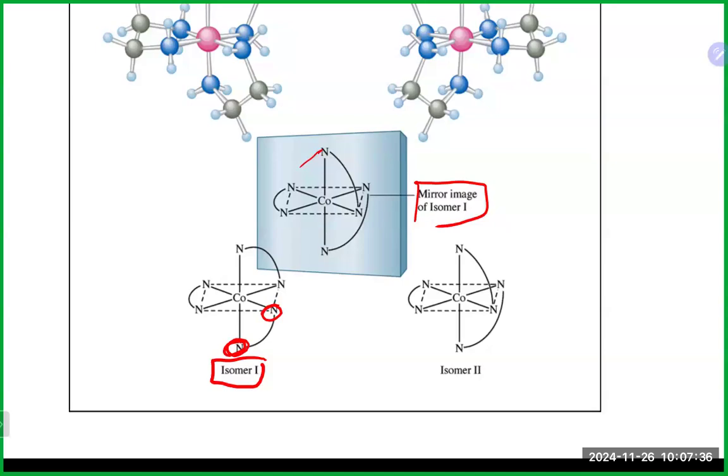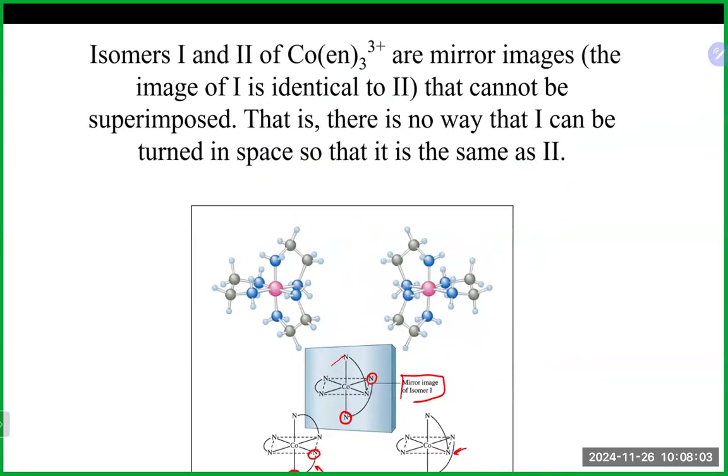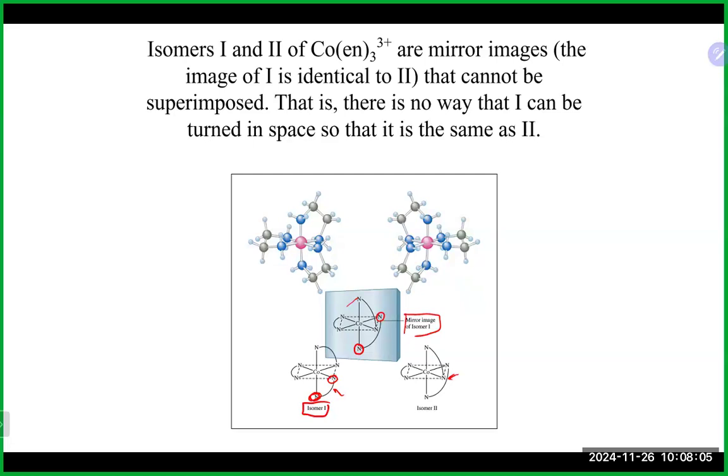Now, when we get the reflected mirror image, the nitrogen on the bottom is now connected to this one back here, which means it's going to create a different angle. So every time you rotate it, this bond here is not going to match up with this bond, and there's always going to be something off, and they will not superimpose on each other. It creates a different connection there. And that would be a chiral molecule because, again, the mirror image does not superimpose on it.